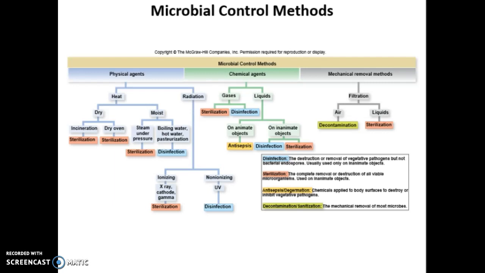And the physical agents, you have heat. Heat can be divided into both dry heat and moist heat. With dry heat, that can be incineration, which of course would then sterilize something. You're just absolutely incinerating it, destroying it. You can have a dry oven, which is going to sterilize something.